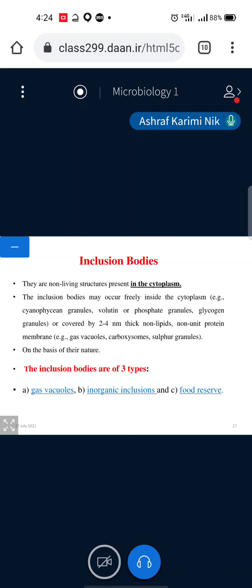On the basis of their nature, there are 3 types of inclusion bodies: A, gas vacuole; B, inorganic inclusions; and C, food reserve.